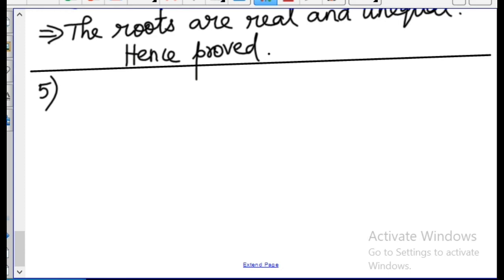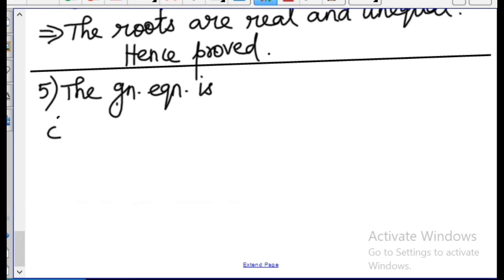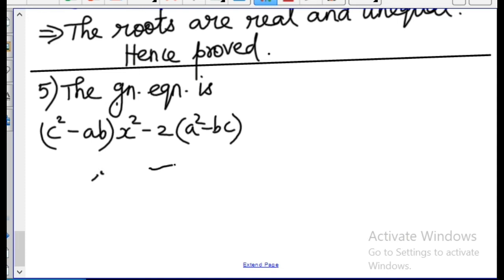So write the given equation: c square minus ab into x square minus 2 into a square minus bc into x plus b square minus ac.